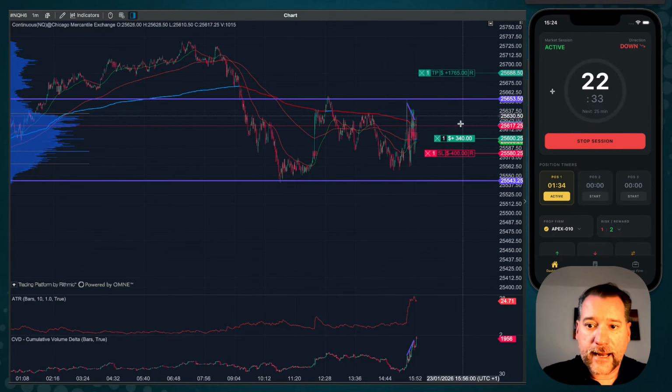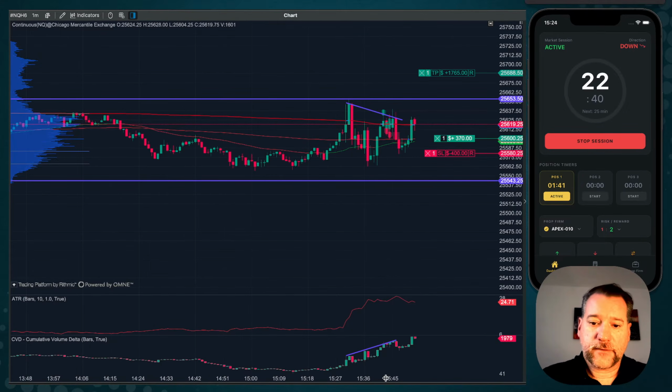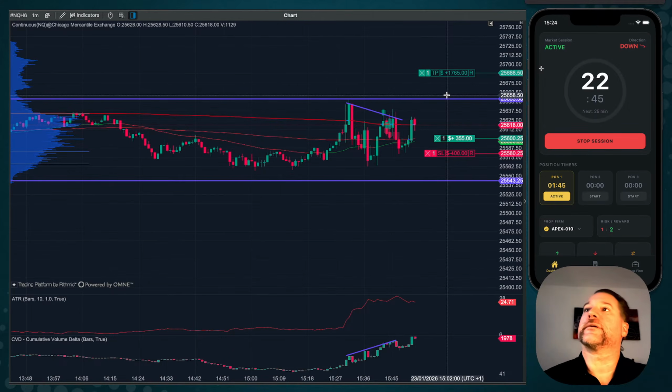Order cancelled. I can add to a winner, but I need to see if it stays above the VWAP. If it stays above the VWAP, I'm going to add to the winner. Okay, I need to see.